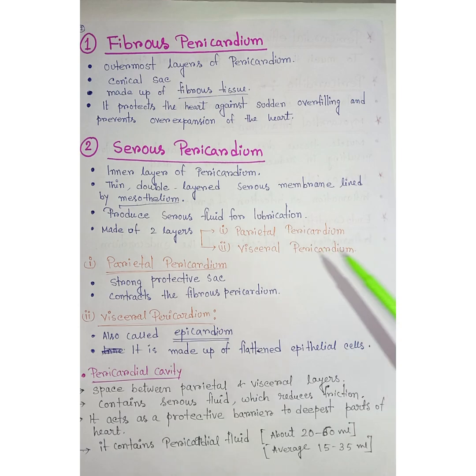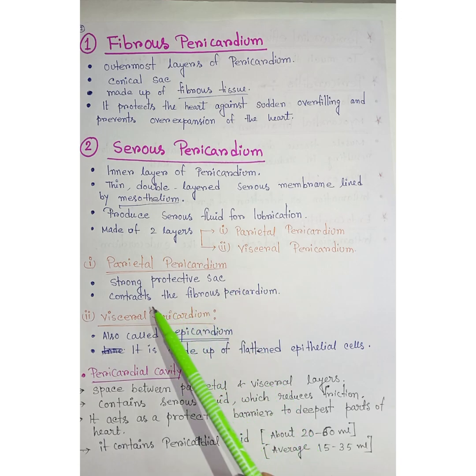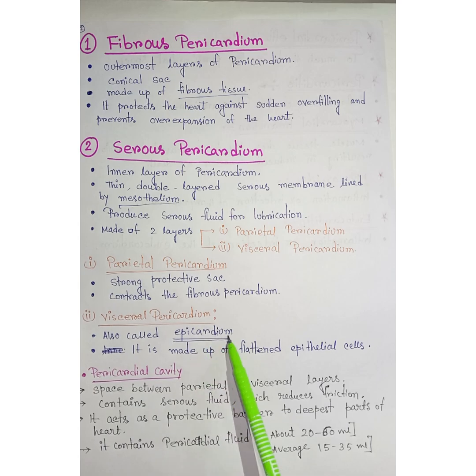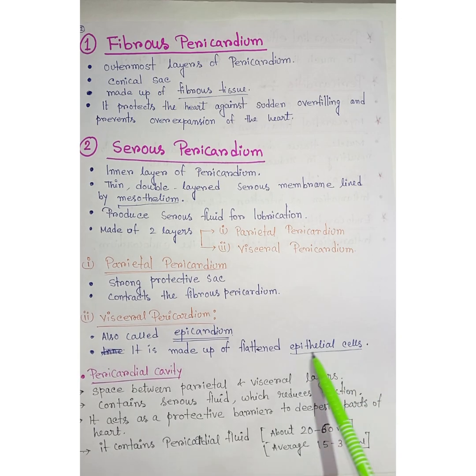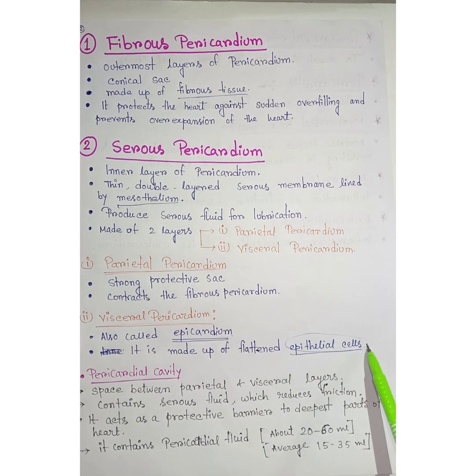It is made up of two layers, the parietal pericardium and the visceral pericardium. The parietal pericardium is a strong protective sac and lines the fibrous pericardium. The visceral pericardium, also called the epicardium, is made up of flattened epithelial cells.